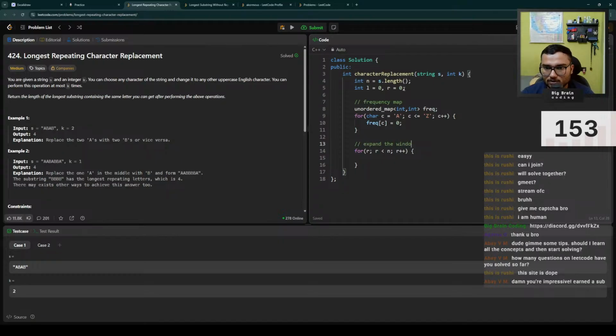Expand the window until k is exhausted. So we increase the frequency of the char: c equals s of r, frequency of c plus plus.